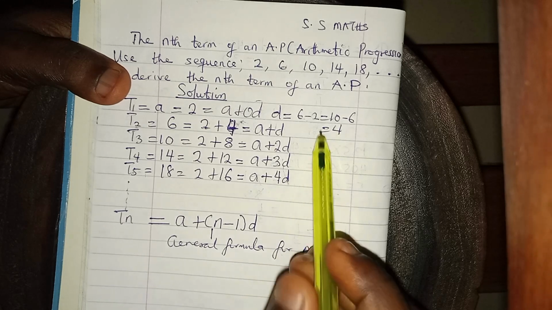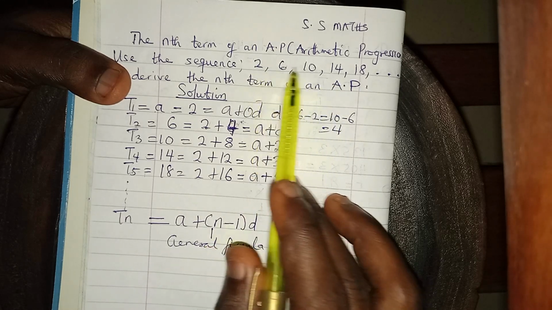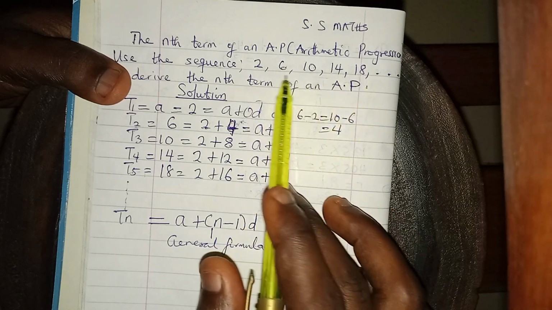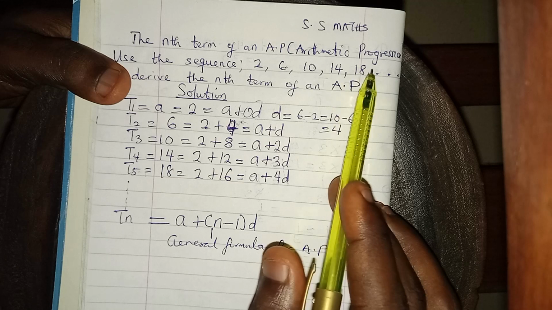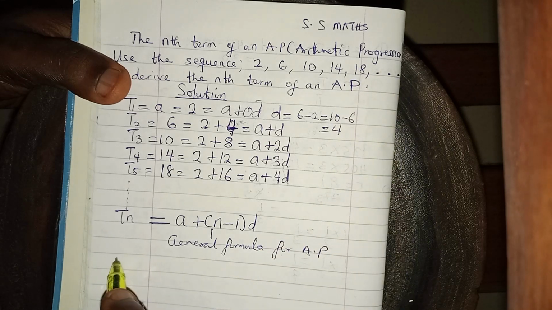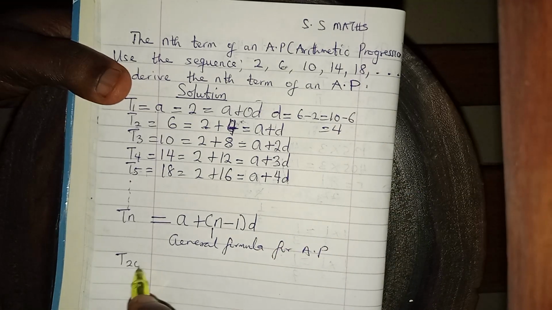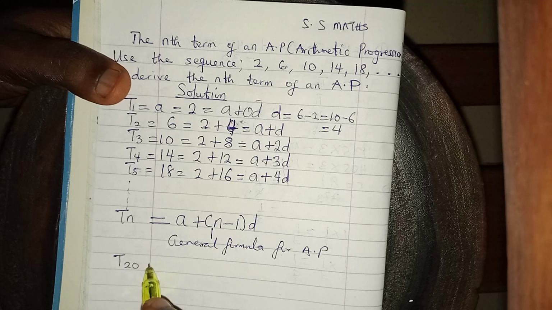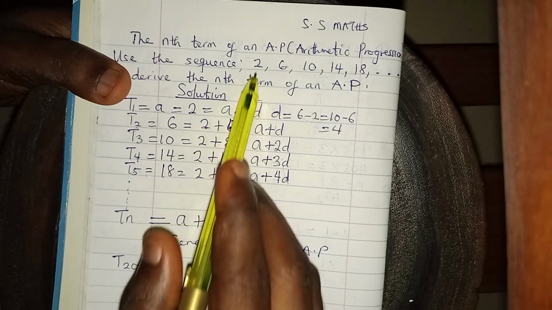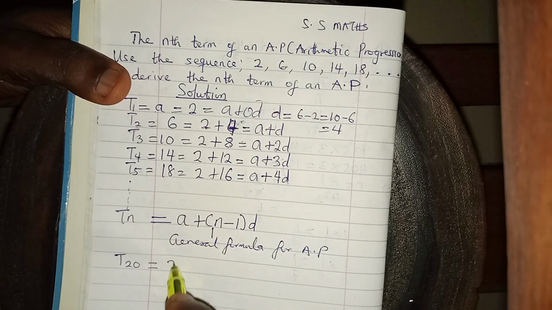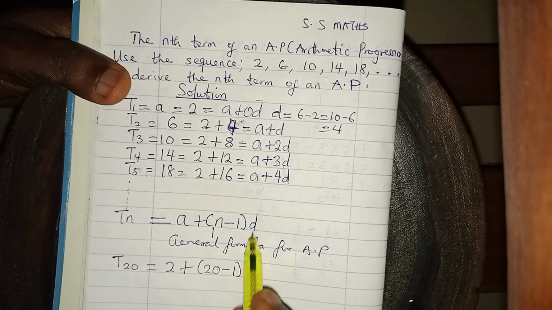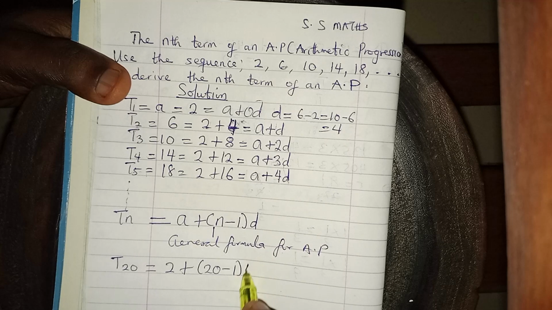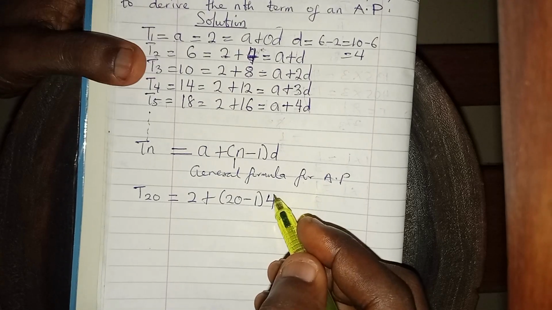So for instance, if I'm to generate, let's say, the 20th term, I can't keep on adding 4. I'll just say T20, n is 20 in this case. We know the first term of the sequence to be 2, so just say first term 2 plus 20 minus 1 times the difference. The difference is 4.